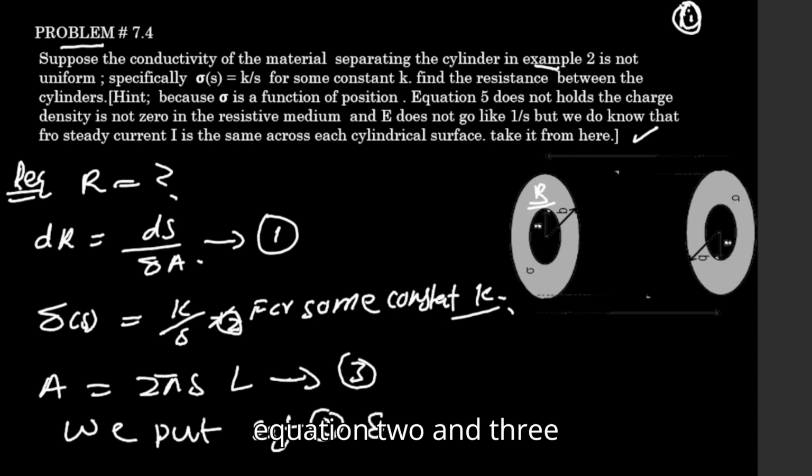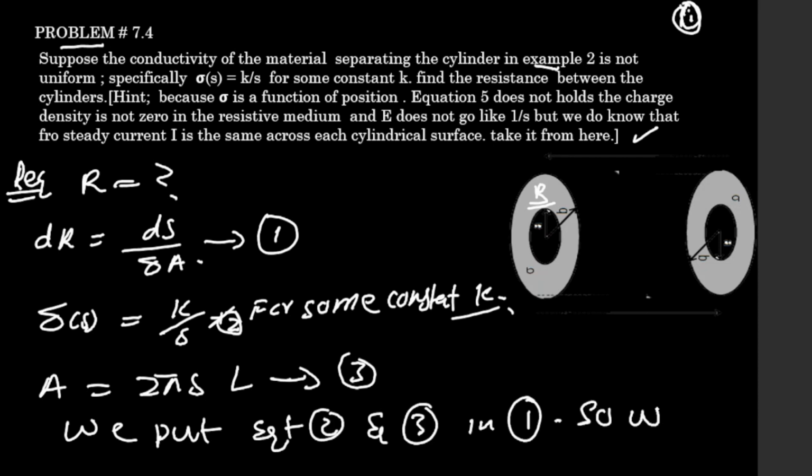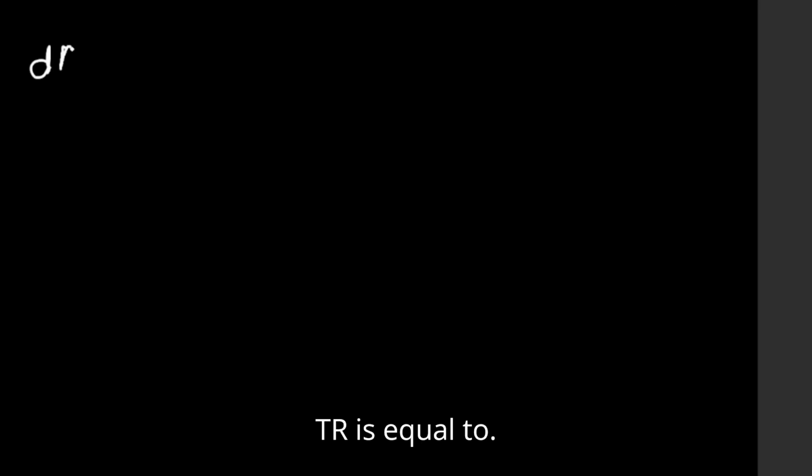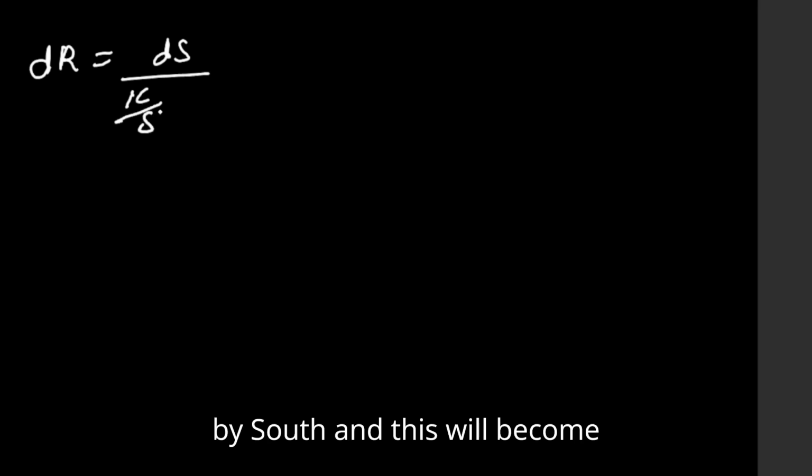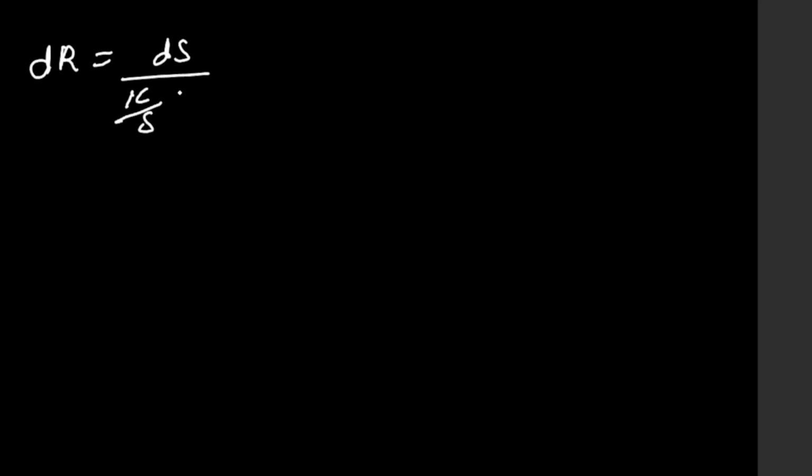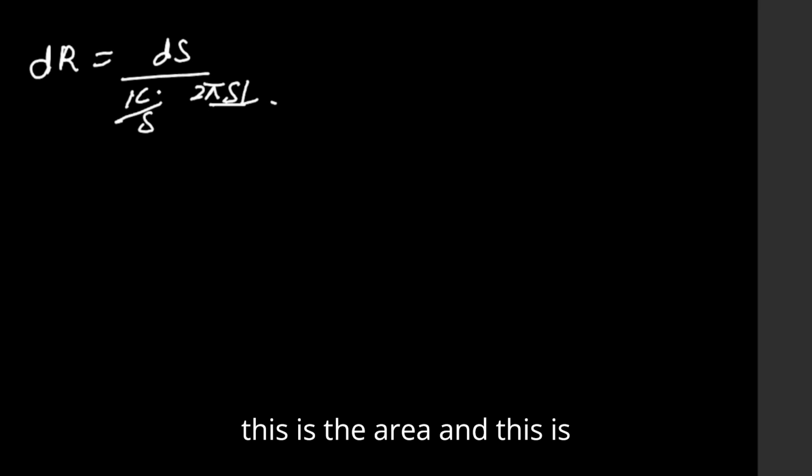So we put equations 2 and 3 in 1, and we get dR is equal to ds divided by K by S, times 2 pi S into L, where this is the conductivity and this is the area.